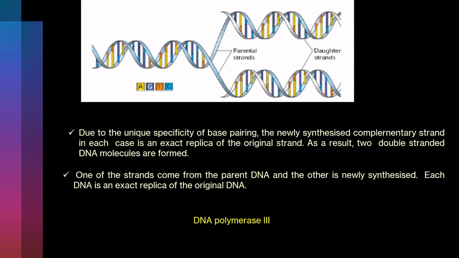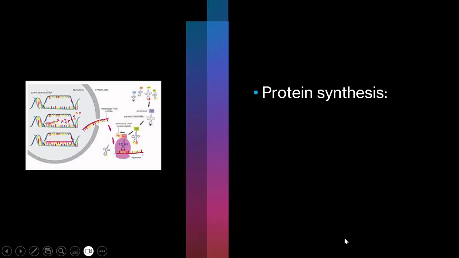As a result of the replication, two identical DNA molecules are formed, and the strands formed are known as the daughter strands. In a daughter strand, one of the strands comes from the parent and the other one is newly synthesized. And this synthesis is helped by the enzyme DNA polymerase 3.